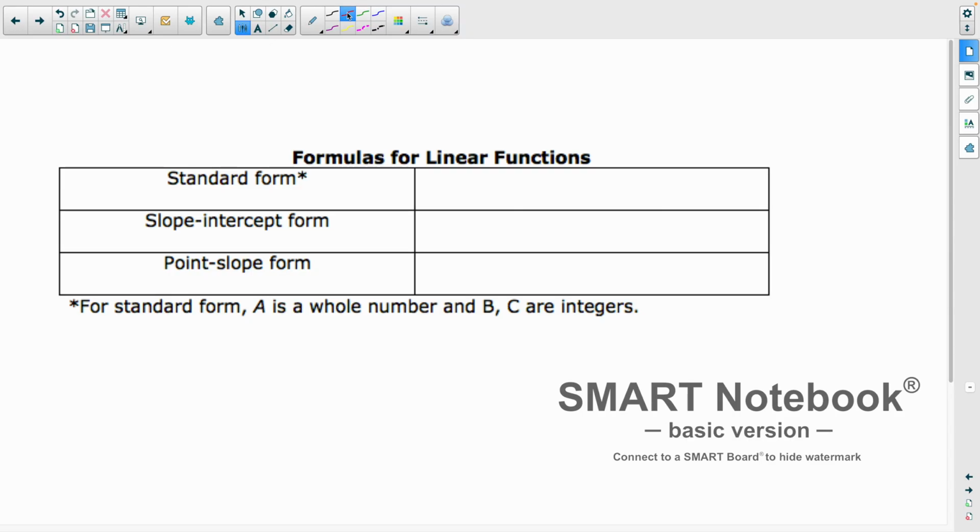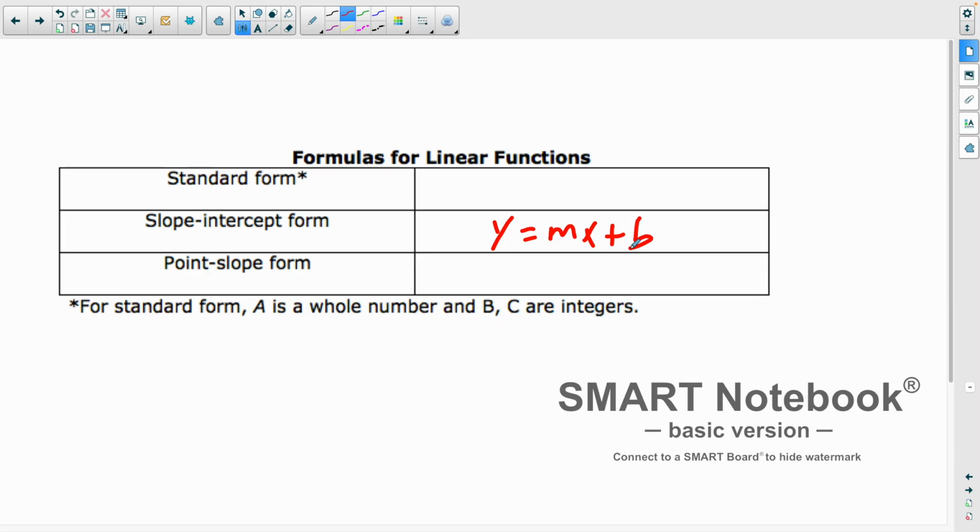So slope-intercept form. What is the equation for slope-intercept form? Y equals mx plus b, where m is the slope and b is the y-intercept. Now be careful there. They probably misnamed it. They were probably being a little bit lazy, and that's okay, because it's really the slope y-intercept form.